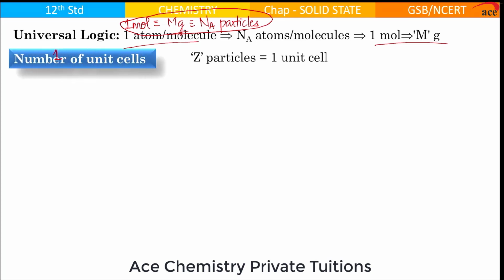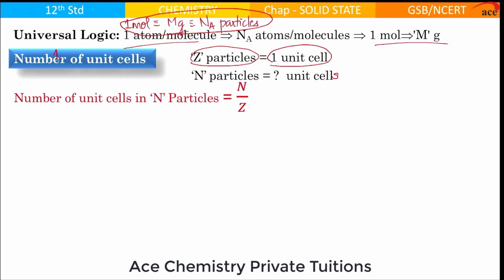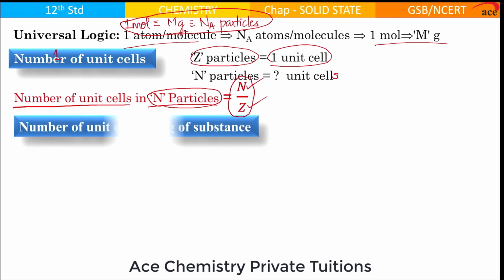Number of unit cells: Z particles, rank, stands for 1 unit cell. Then n particles stands for how many unit cells? If you cross multiply, number of unit cells which contain n particles is given by the formula n/Z. This formula can be learned by heart. Again, number of unit cells containing n particles is n/Z, where n is number of particles and Z is rank for that unit cell.